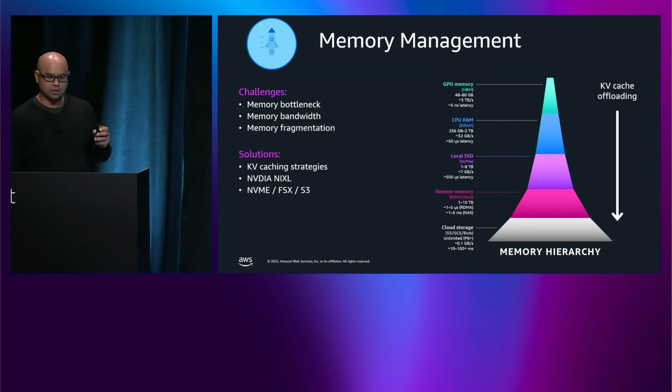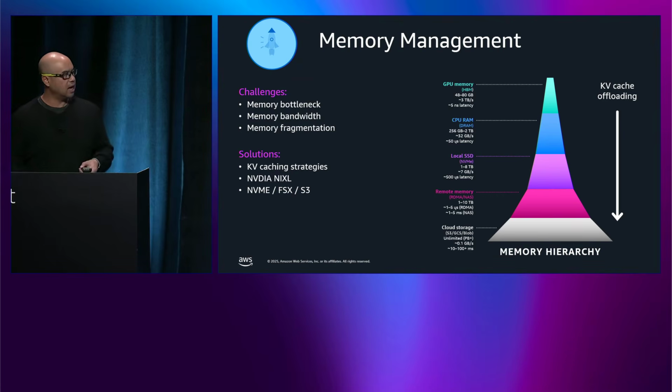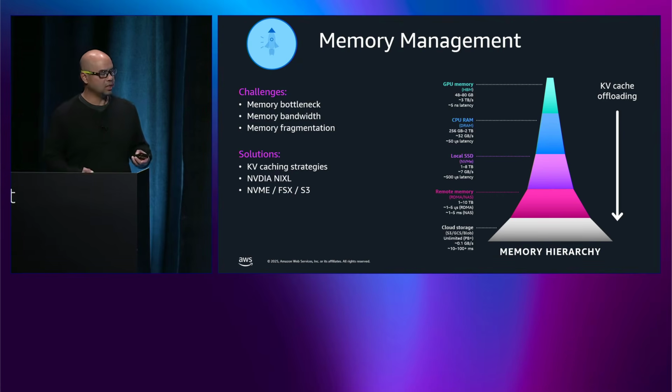NVIDIA NIXL is a new framework from NVIDIA that allows you to transfer the KV cache across two different GPUs, across two different nodes, but also across different storage and memory tiers. NVMe, FSx, and S3 are all storage options that allow you to load the data directly into the GPU, bypassing the CPU and the operating system.